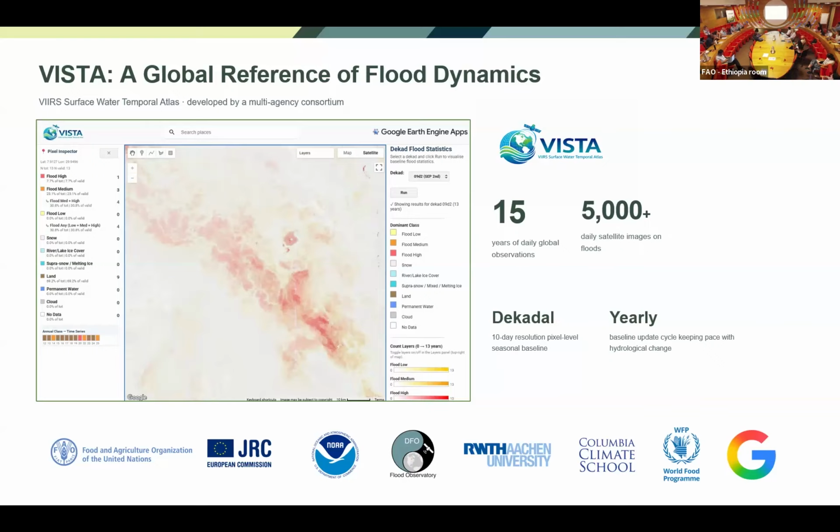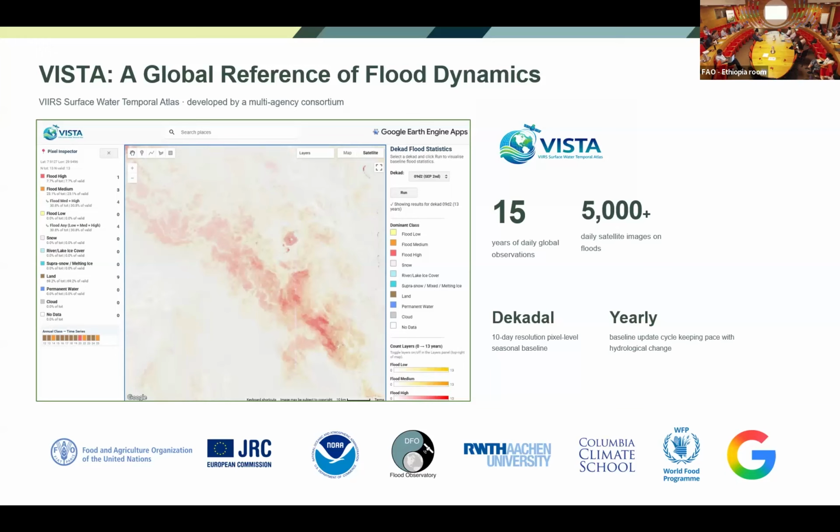It's about processing more than 5,000 daily global satellite images at 375-meter resolution. Our goal is to develop a decadal, therefore 10-day period, calendar of flood probability, the likelihood of experiencing flood. So it's going to be information that is both georeferenced and time enabled.